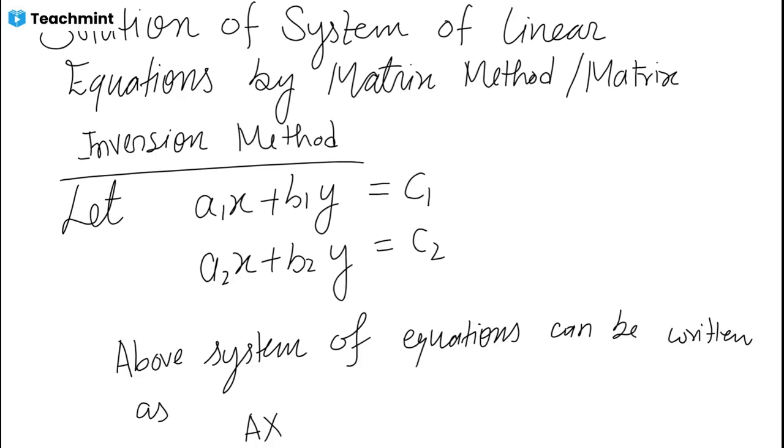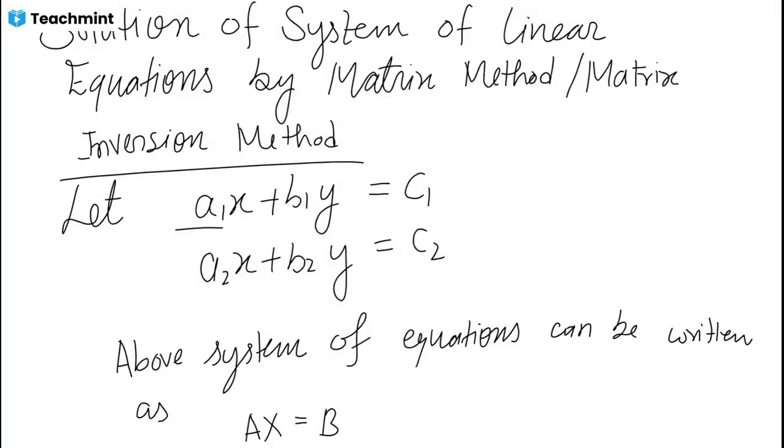AX is equal to B, where we write this system in the form of matrices. Here A is the coefficient matrix of x and y, meaning the values a1, b1, a2, b2 which we have along with x and y.